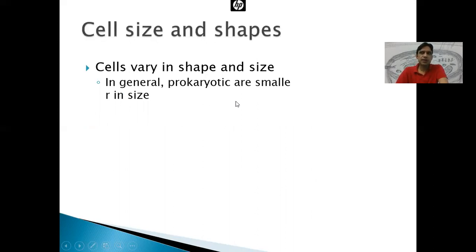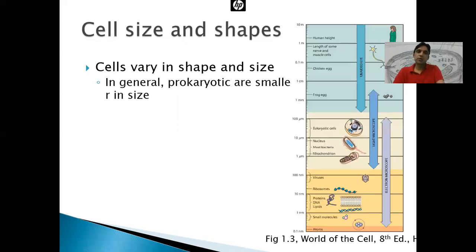Cells come in different sizes and shapes depending on the nature of their job and the nature of the organism. In general, prokaryotic cells are comparatively smaller in size. That is why prokaryotes are comparatively smaller as well.